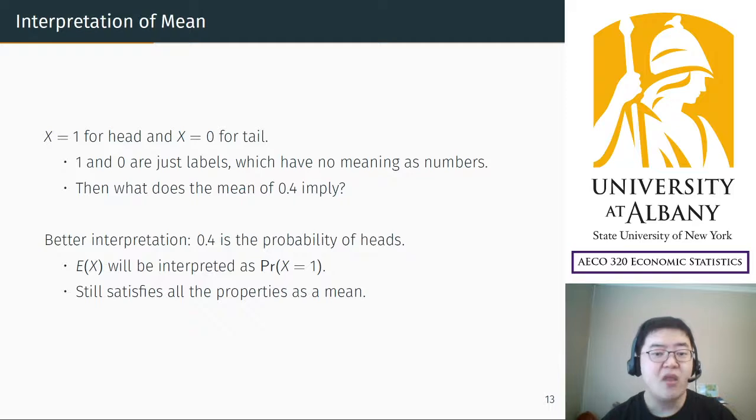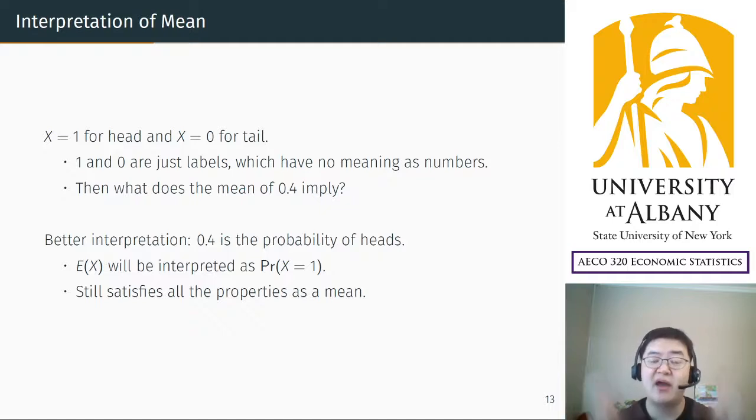So when you interpret the mean, it may be better to interpret it as the probability of heads. They are equivalent. But still, the mean is important and plays an important role, because later on we are going to learn a lot of statistical methods that are associated with the mean.